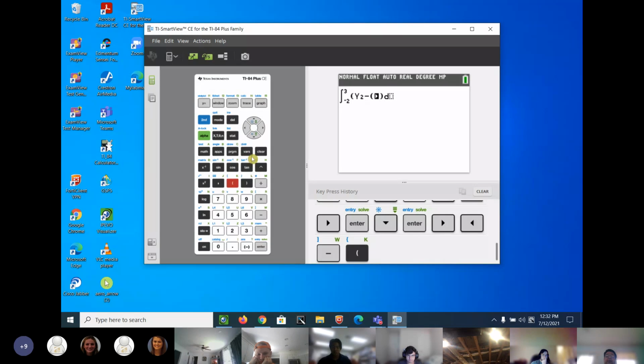This is the first time I've tried this, so give me a second. Function, y1, close parentheses, and then dx. And enter.